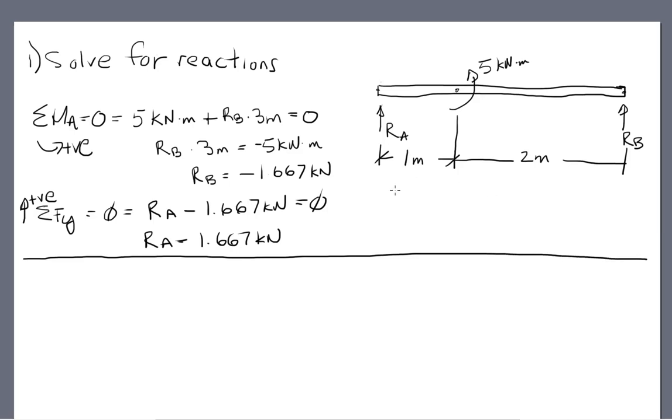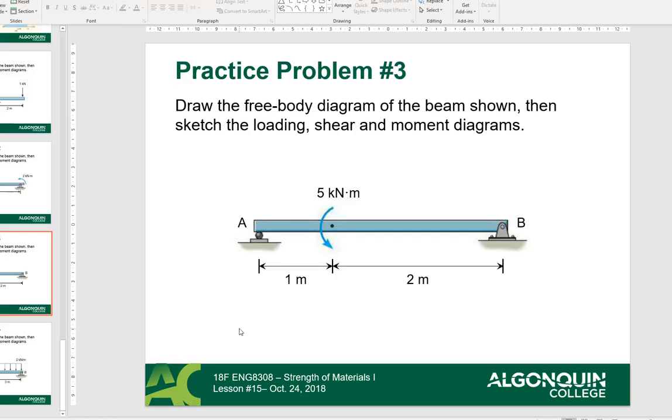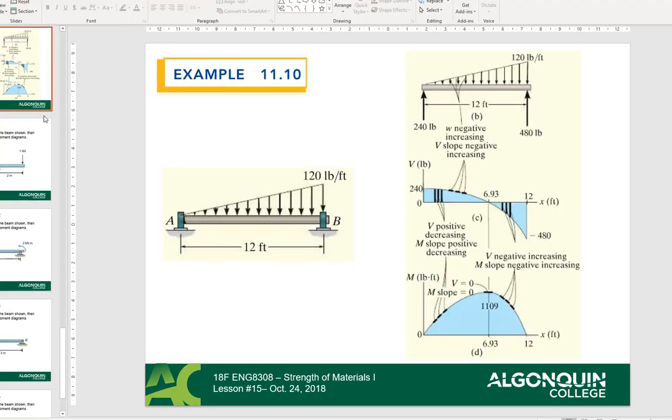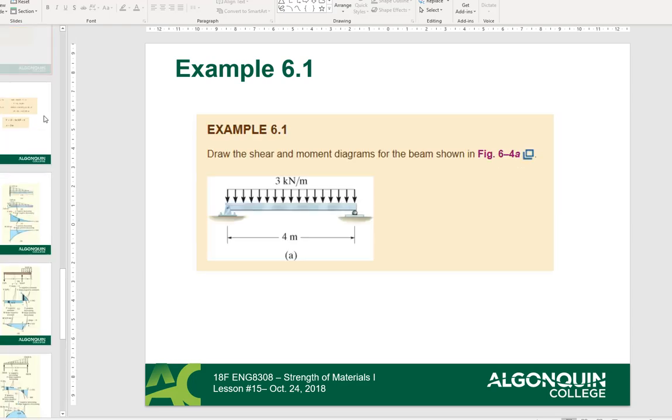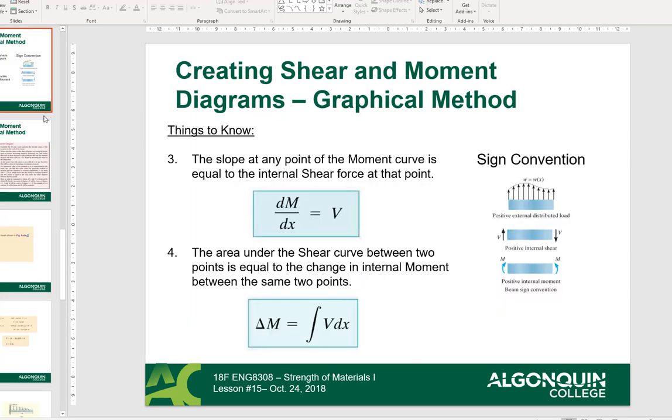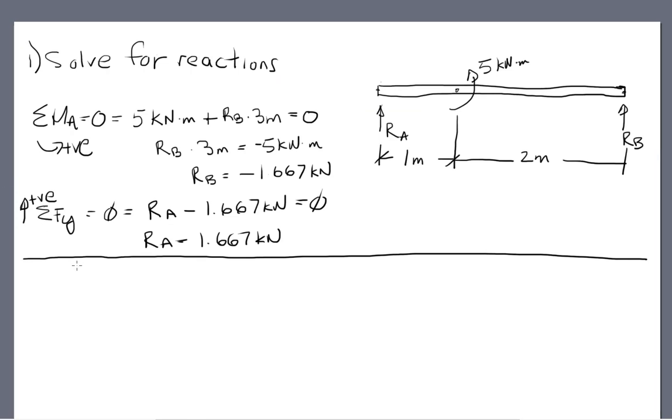Okay. So what were the relationships that were important to solving these types of problems? Let's go back to the presentation. We've got the change in M with respect to x is equal to V. So dM by dx equals V, and there was one other one.